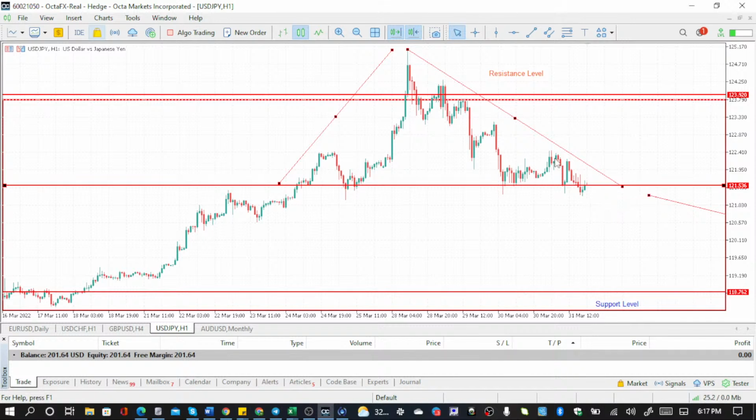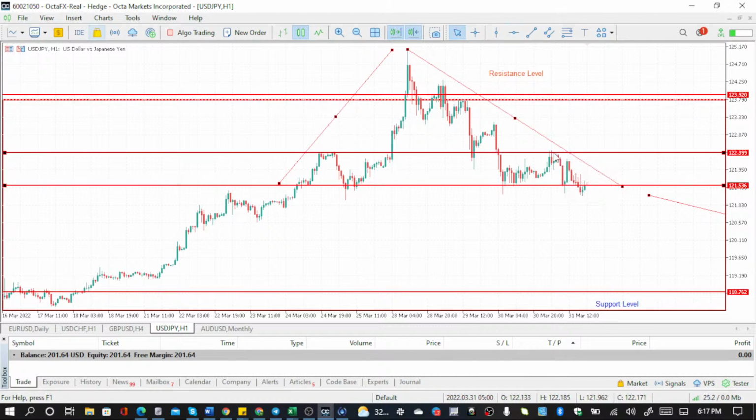Because we are shorting this market, I look out for the next resistance level and the next support level. The next resistance level, my entry level, is 122.399, and my exit level is 118.762.